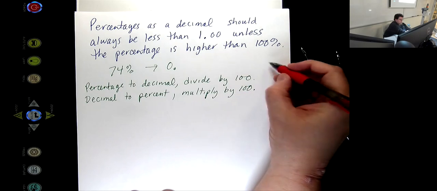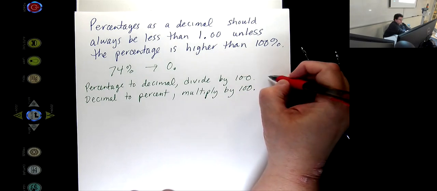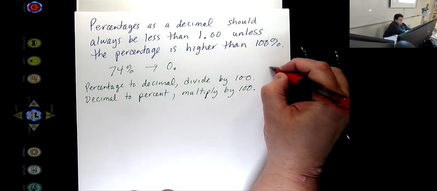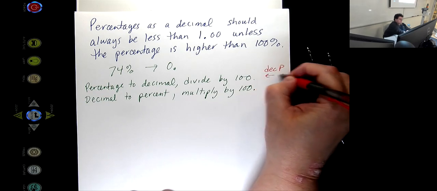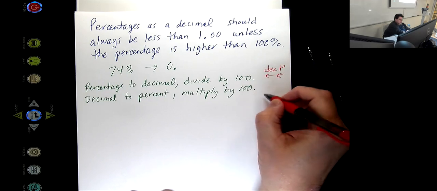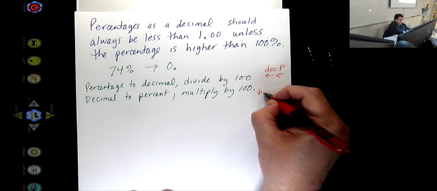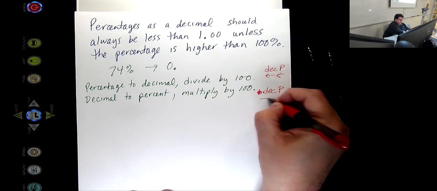The shortcut for it is for division, the decimal point goes left 2 times. And if I'm multiplying, the decimal point goes right 2 times.